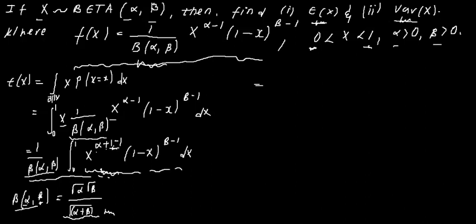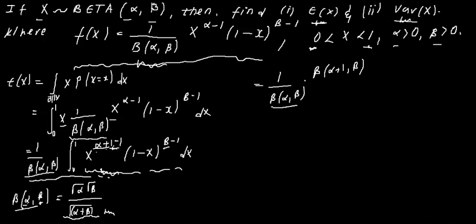So outside we will have beta of alpha, beta, and here we are not going to have this function, but a function of this form: alpha plus 1, comma beta.